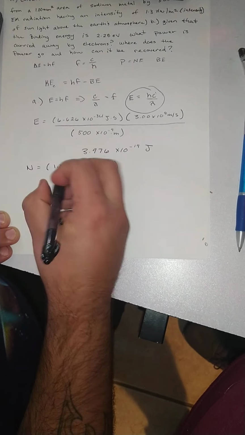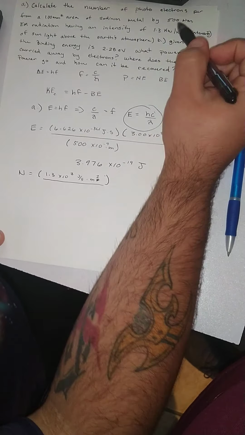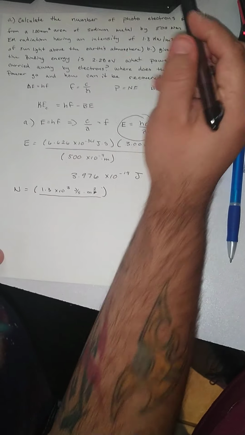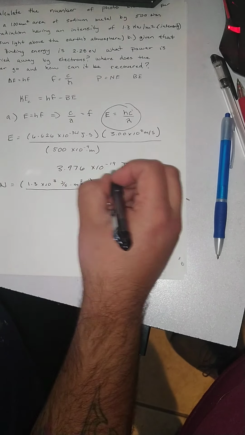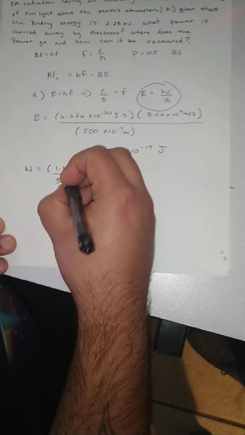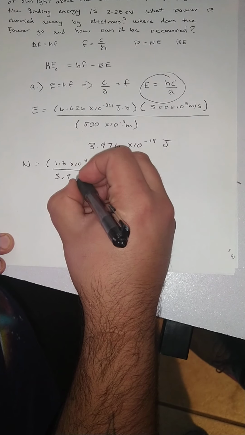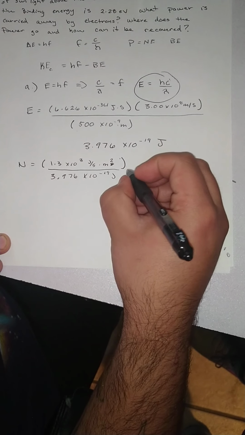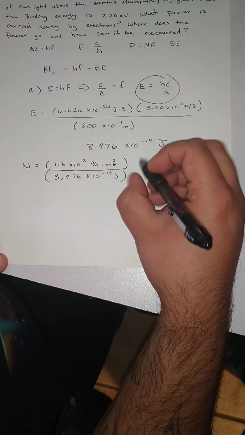This information for n is from the given information of the intensity of the sunlight above the atmosphere. And then we're going to take this value for E that we got and plug it in to the bottom right here. And since we want the answer in seconds, we're going to have to do a unit conversion.